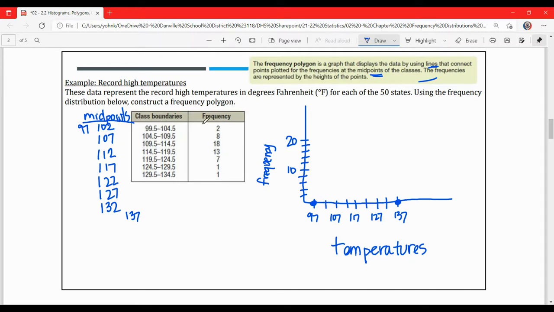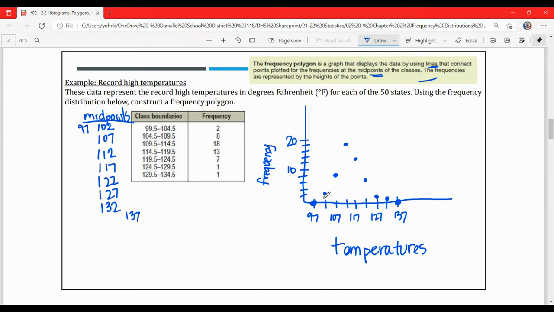So midpoint of 102 goes with a frequency of 2. 107 goes with a frequency of 8. 112 goes with a frequency of 18. 117 goes with a frequency of 13. 122 goes with 7. 127 goes with 1. And 132 goes with 1.